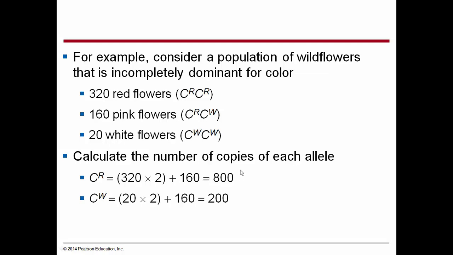For example, consider a population of wildflowers that is incompletely dominant for color. There are 320 red flowers, 160 pink flowers, and 20 white flowers. Now we calculate the number of copies of each allele.